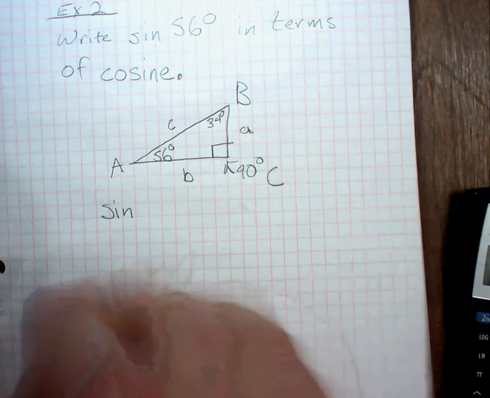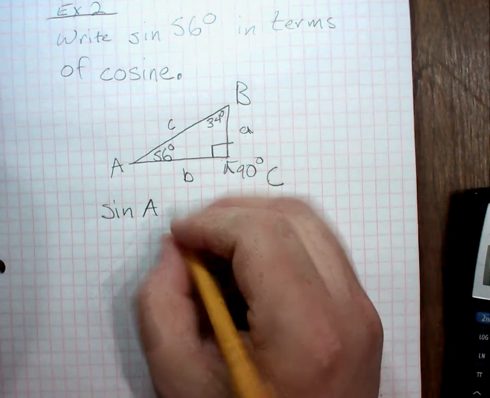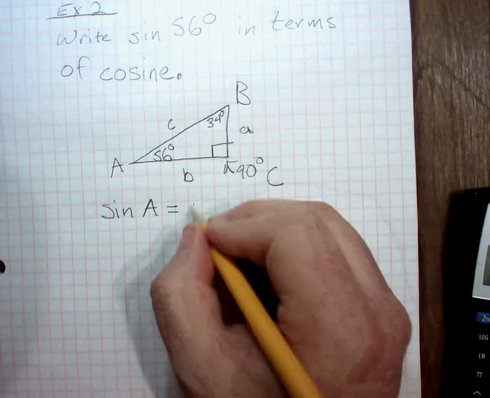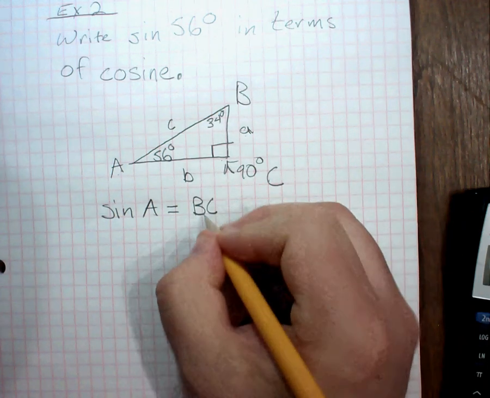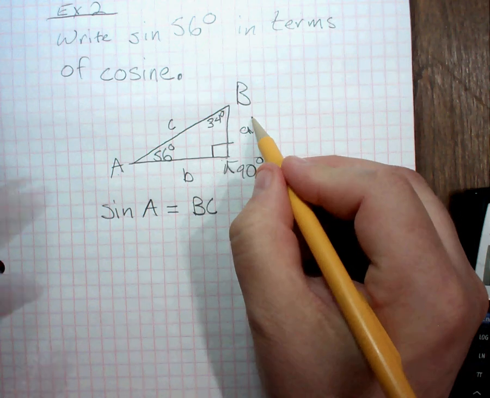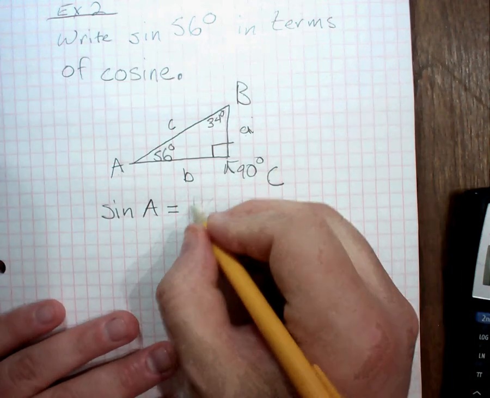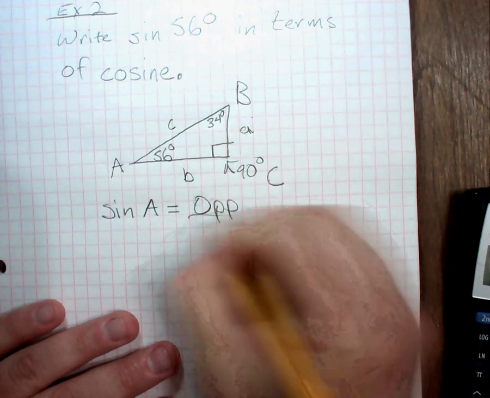So sine of angle A is equal to the opposite, which is lowercase a, or we could just label it as BC, because this is the opposite over the hypotenuse. So sine of A is the opposite over the hypotenuse.